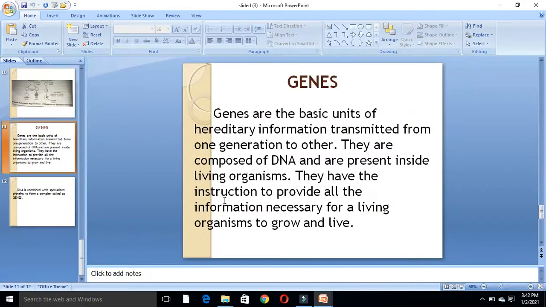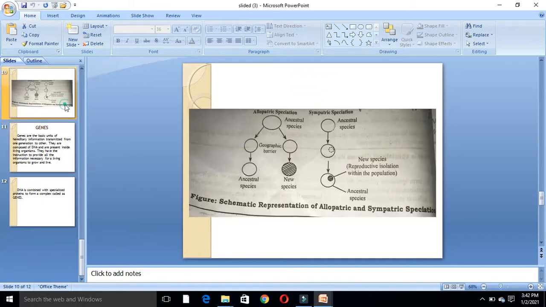We need to see the diagram of sympatric speciation also. In sympatric speciation, the past population, the ancestral species, sym means together. They are living together in the same geographical location, but they are evolving differently into new species, with reproductive isolation within the population.